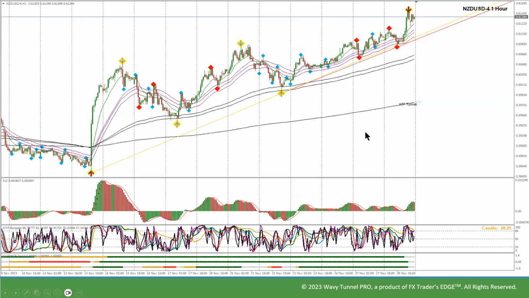The New Zealand dollar, the hourly. So down here, we have 3 different time frames. The middle one would be the current time frame. And then we have the 4-hour on top and the 15-minute on the bottom. So this is telling me that we are at the end of a move for all of these 3 time frames. So I'm not saying sell here.